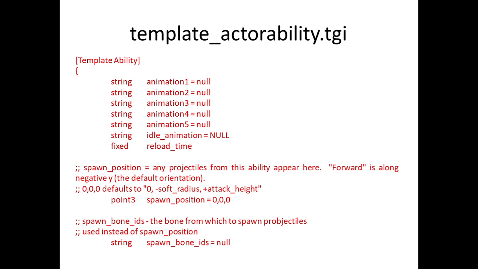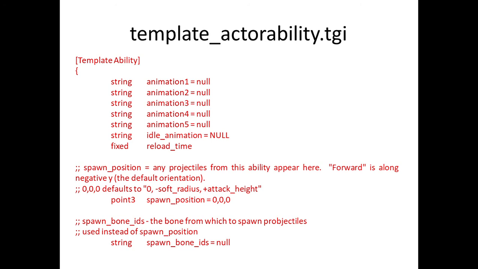So that limits its usefulness somewhat. There's also the issue that reload time is not modified by ability recharge buffs from technologies or special ops. So it's not a perfect system, but it can be useful.